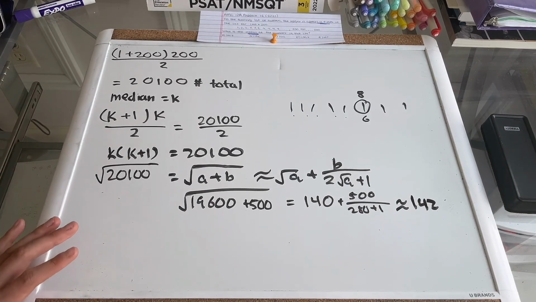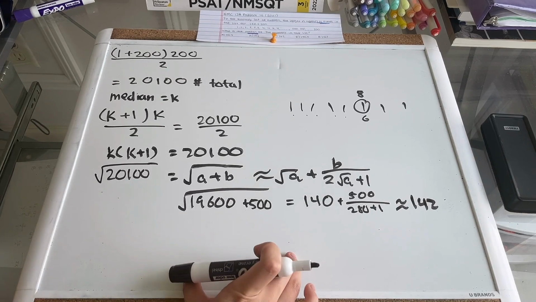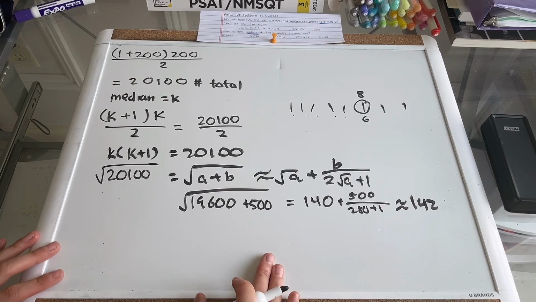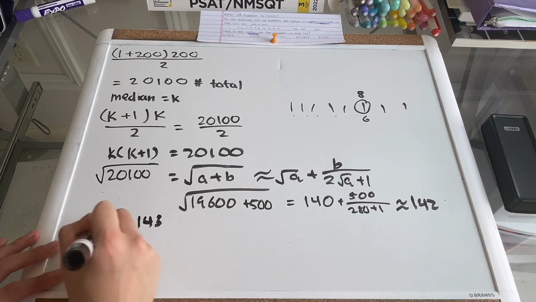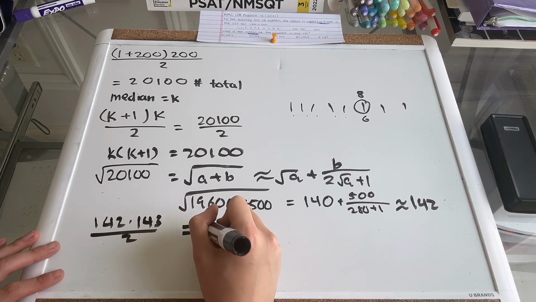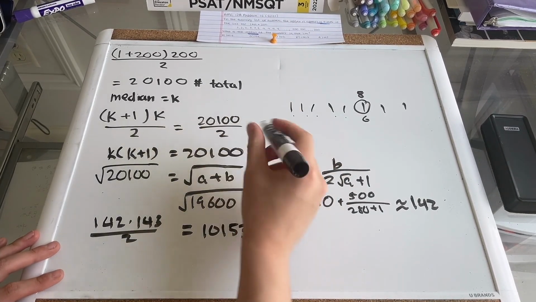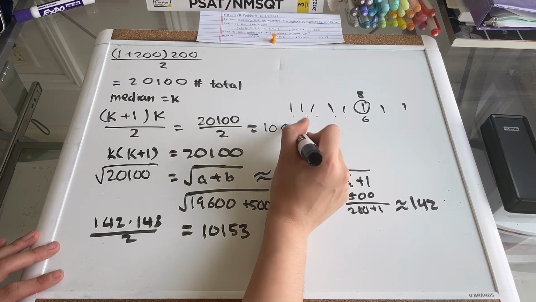How do we know whether it is the first number of 142 or the 142nd number of 142? We know that 142 times 143 divided by 2 is equal to 10153, and 20100 divided by 2 is equal to 10050.